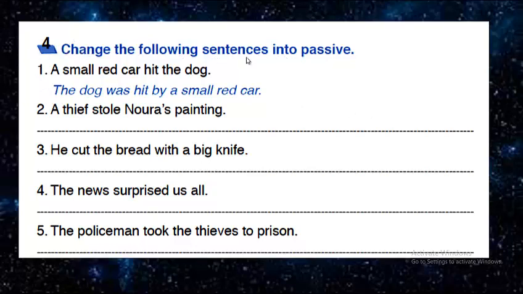Change the following sentences into passive. Read the sentence carefully and try to change it into passive. Number 1, a small red car hit the dog. The dog was hit by a small red car. What about number 2, my dear students? A thief stole Nora's painting. What is the object here? Think carefully and take your time.